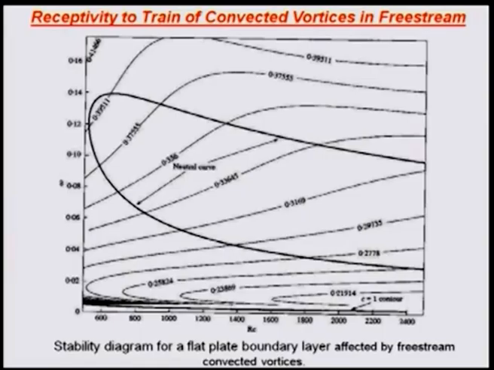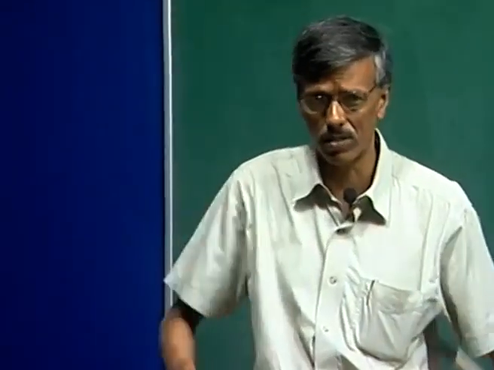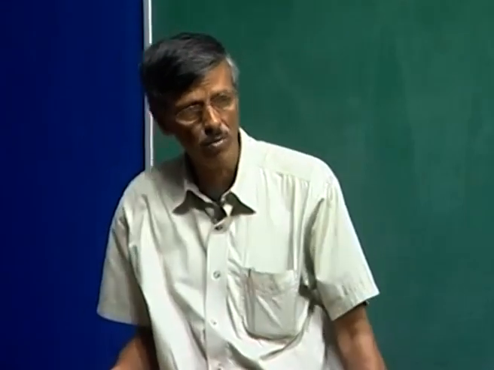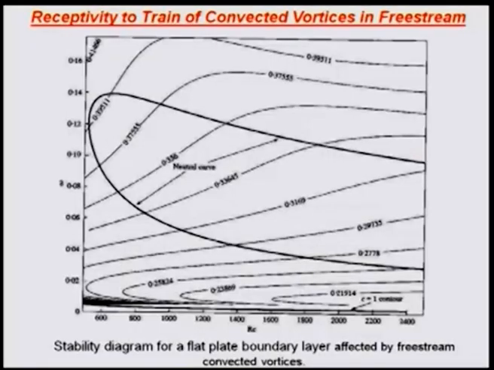We also noted there are some other distinguishing features of free stream excitation. For example, here the disturbances have to be tracked along a c equal to constant line, because that's the speed at which the vortices are moving in the free stream. And the c equal to constant line looks like this.